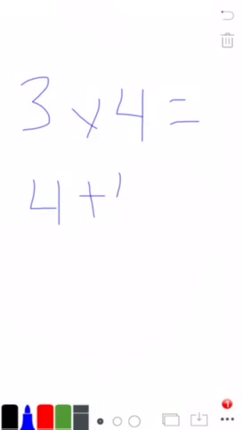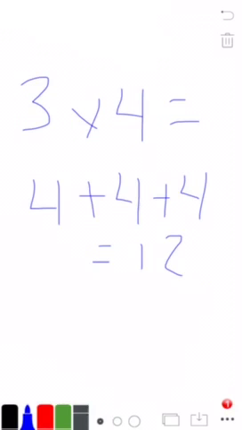And last but not least, you can use repeated addition. So if I have the problem 3 times 4, I can add my 4 3 times, and that equals 12.